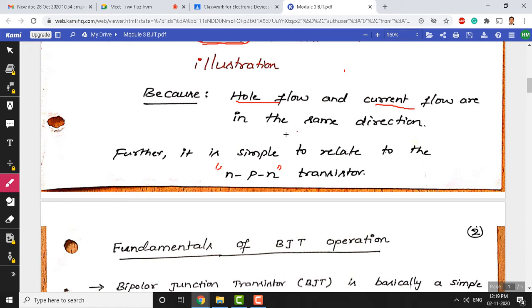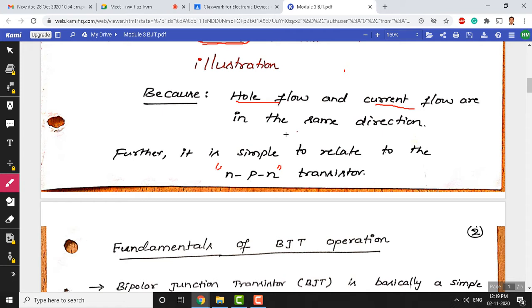But there are still quite good things about the BJT. If you look at the switching speed of the BJT, it is faster compared to the field effect transistor. So whenever we want high switching speed, even today we prefer the BJT. But when it comes to power consumption, we go for MOSFET or FET. MOSFET is one of the family members of the FET.